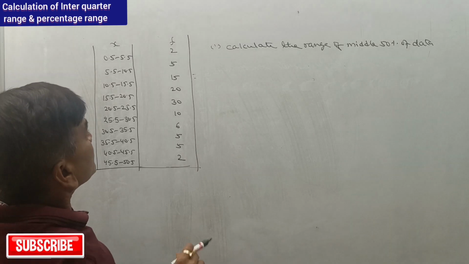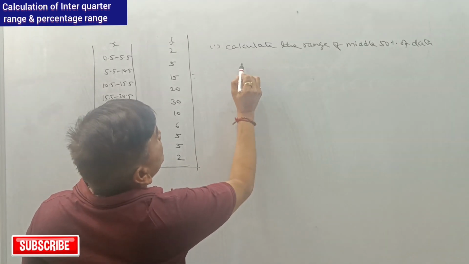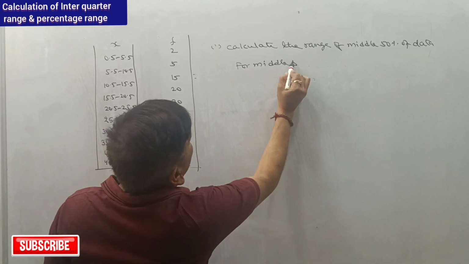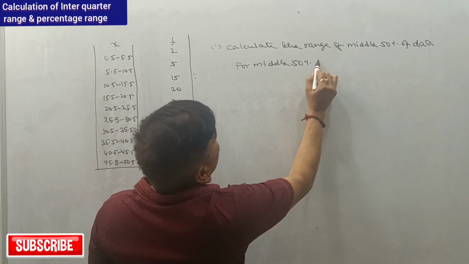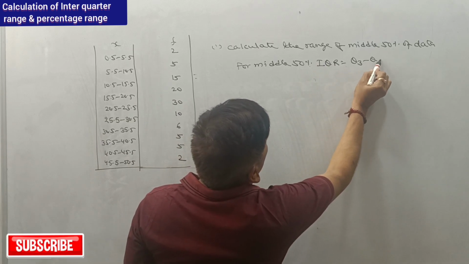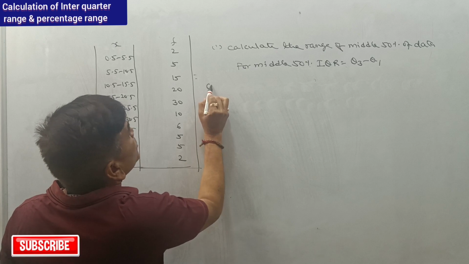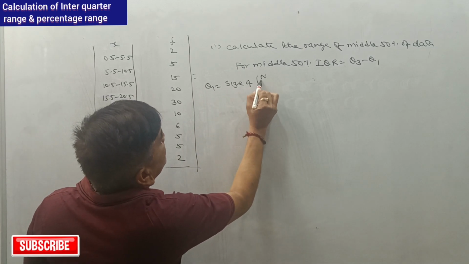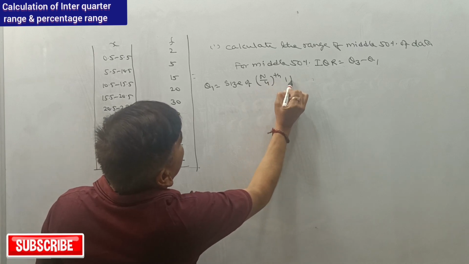Okay. For the middle 50%, we have to find the interquartile range, that is Q3 minus Q1. So Q1 is equal to the size of the n by 4th item value.